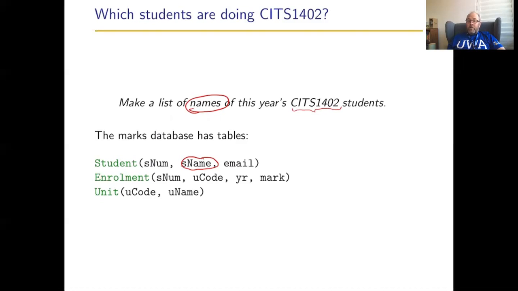Well, CITS1402 is a unit code. Unit code is either in the enrollment or the unit table, but in fact, I don't need the unit table, because the only extra information it has is the name of the unit. I don't actually need the name of the unit. So the only tables that I need are student and enrollment.